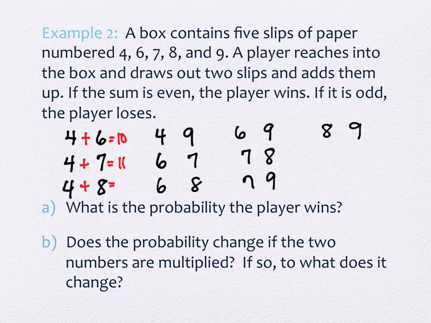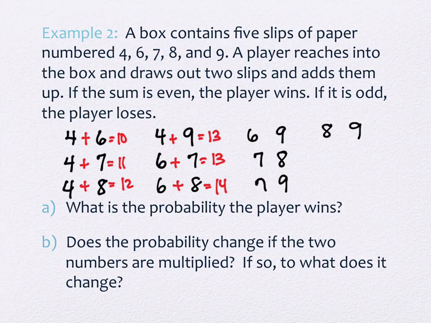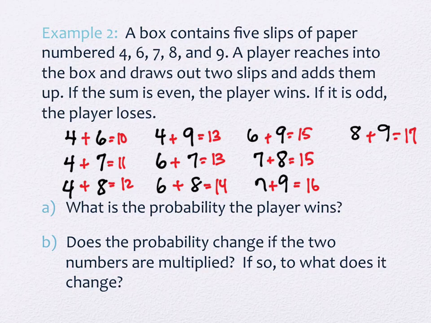Add 4 and 8, I get 12. 4 and 9, 13. 6 and 7, 13. 6 and 8, 14. 6 and 9, 15, good. 7 and 8, that one's 15. 7 and 9, that one's my 16. And then I have 8 and 9, 17. So these are the different summed outcomes that I could pull out.